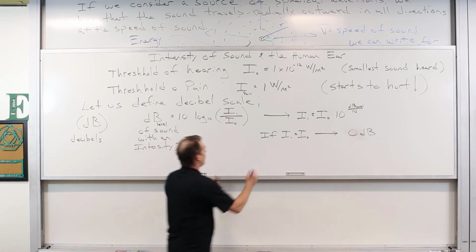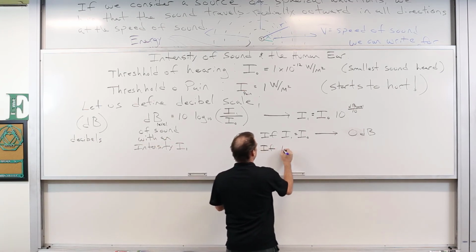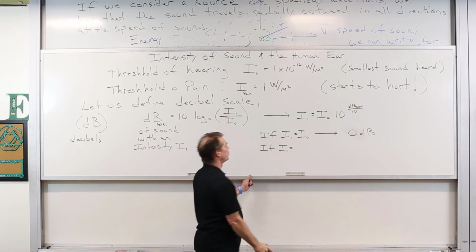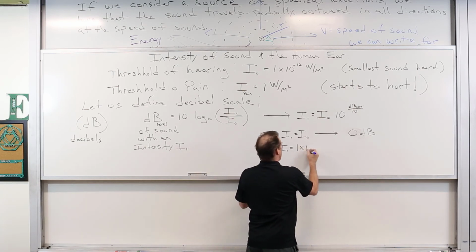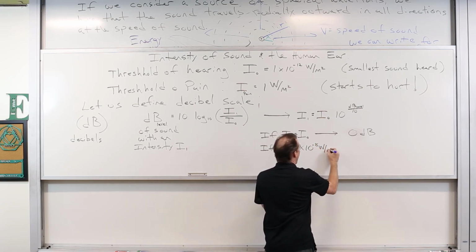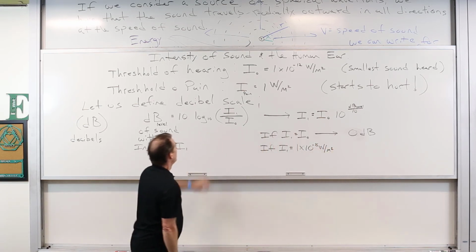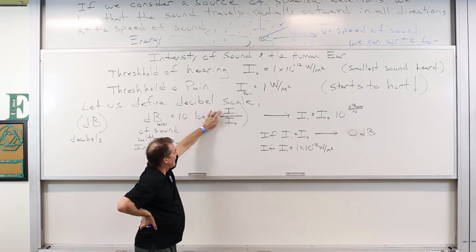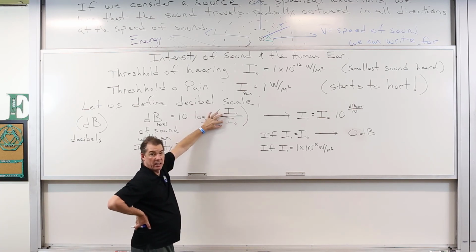We say, well, what if I1 is equal to 1 times 10 to the -8 watts per meter squared? Well, then we've got 1 times 10 to the -8 divided by 1 times 10 to the -12, which is what? 1 times 10 to the 4th.